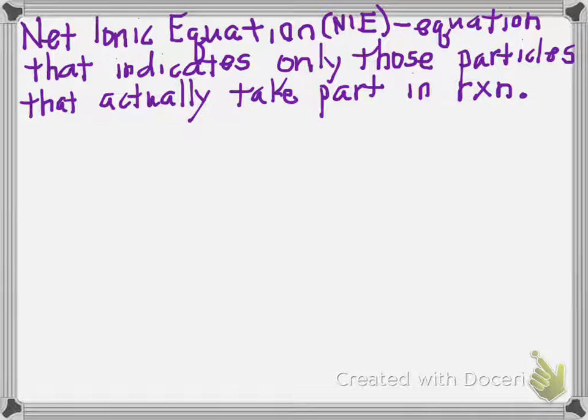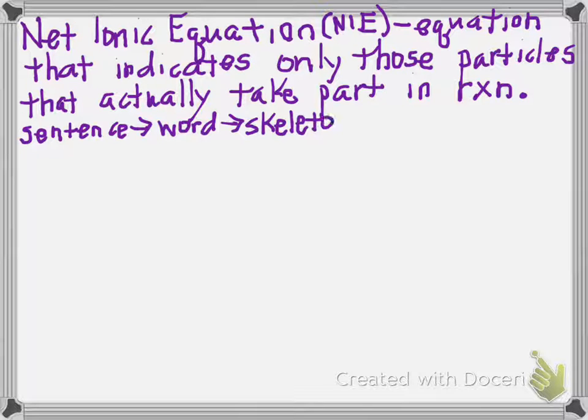So when we are writing a net ionic equation, remember kind of our process here is we have started with a sentence. From our sentence, we went to a word equation. From our word equation, we went to a skeleton equation. And then we add coefficients to our skeleton equation to get a balanced equation.